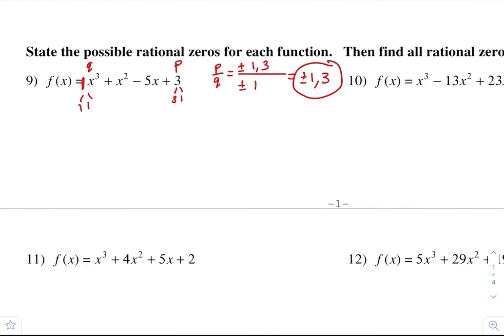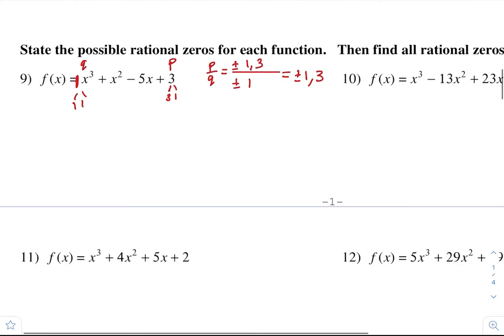Now we have to guess and check to see if one of these is a rational zero by using synthetic division. So we're going to create our synthetic division, and we're going to write down the coefficients, right? So coefficient of 1, coefficient of 1, coefficient of negative 5, and coefficient of 3.